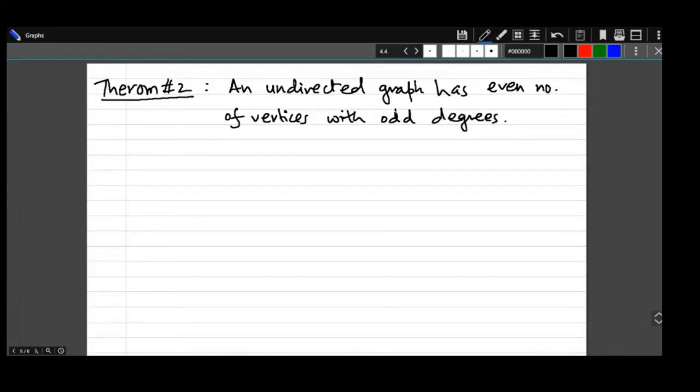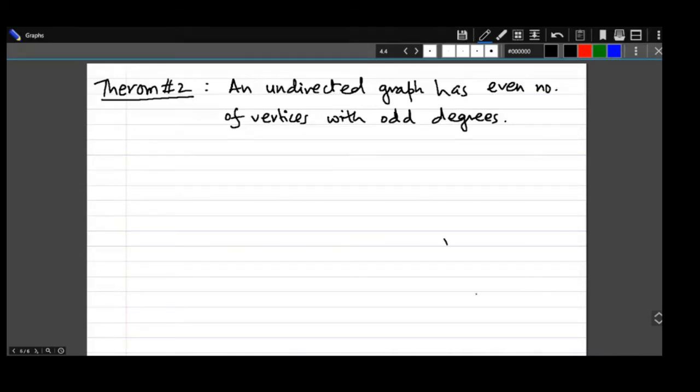Read it carefully. What does it mean? It means there are some vertices having odd degrees and some vertices having even degrees, so the number of vertices having odd degrees is always even.